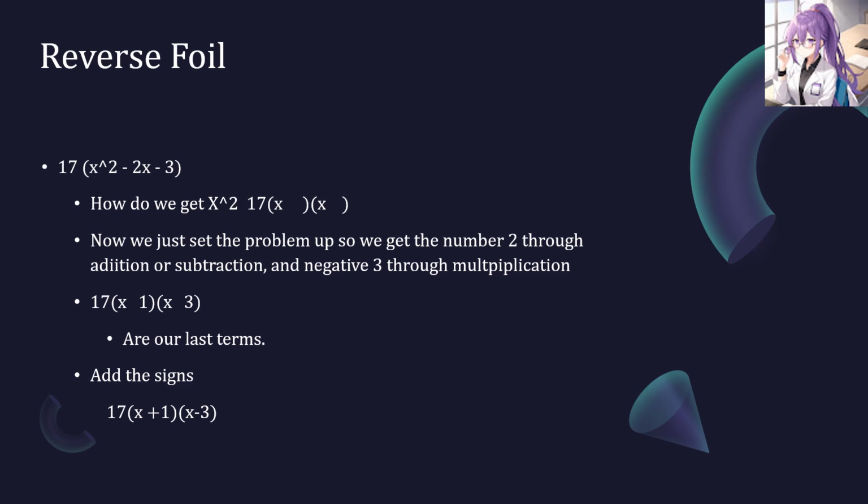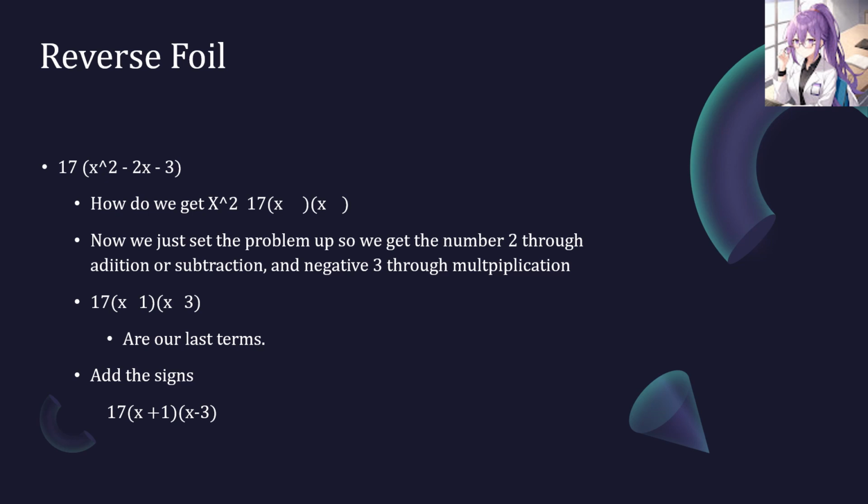So we're going to look at the factors of 3, which are 1 and 3, because 3 is a prime number, and we're going to figure out how we can combine those to get 2, or negative 2 in this case. And this one works out pretty nicely, because negative 2 is negative 3 plus 1.